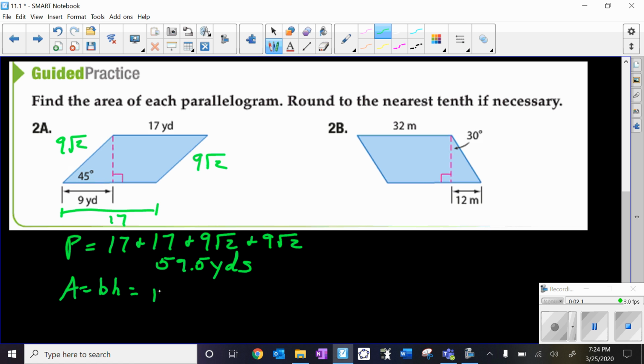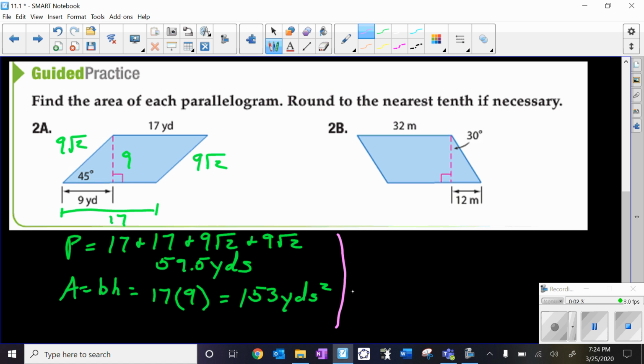Your base is 17. And your height is this perpendicular one. Remember, in a 45, 45, 90, both legs are congruent, so this height should also be 9. So you're going to take 17 times 9, and that will get you a value of 153 yards squared. And there's both your perimeter and your area.